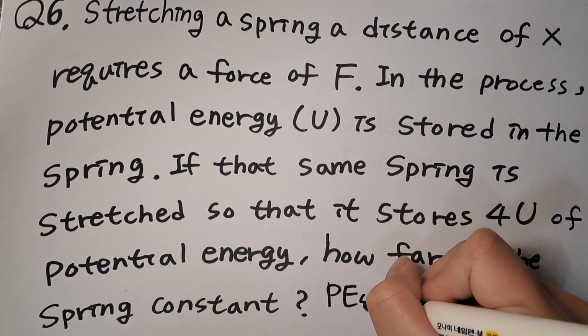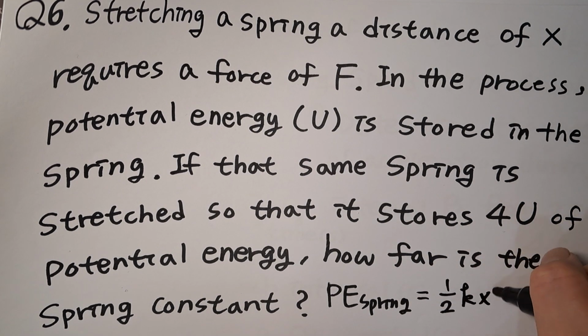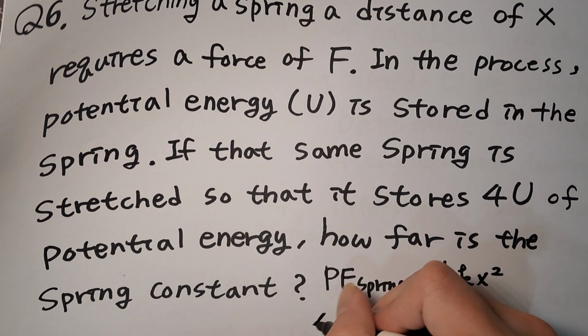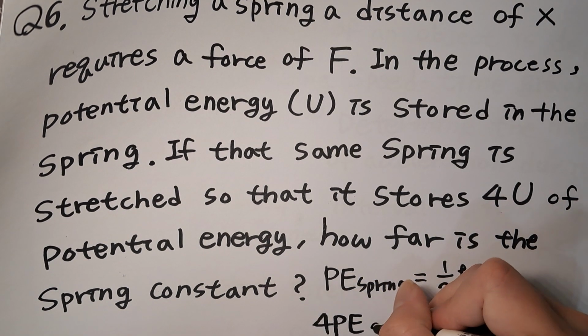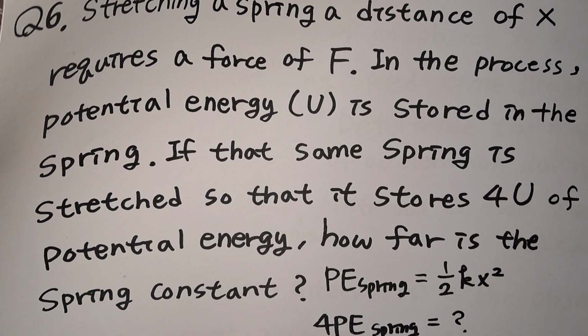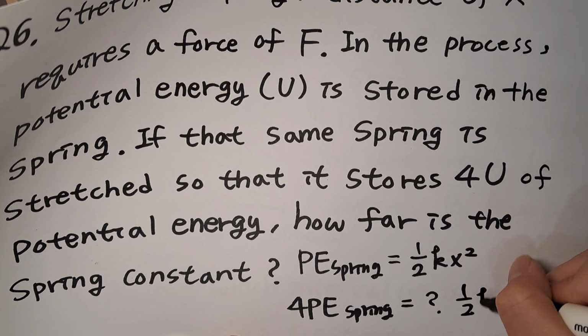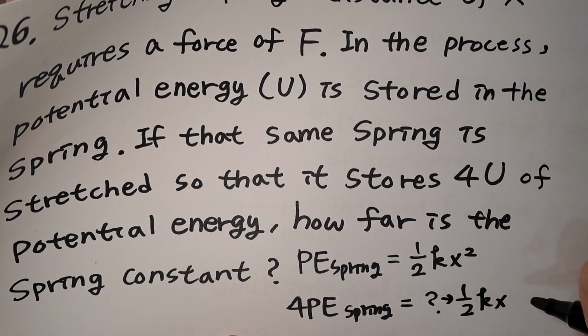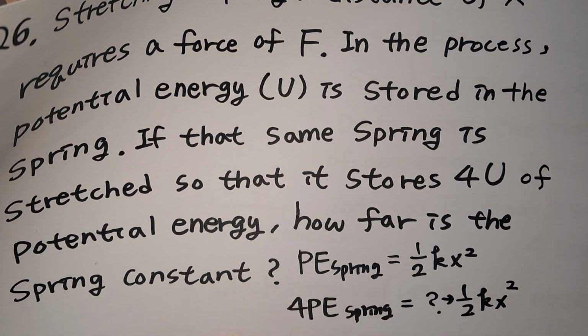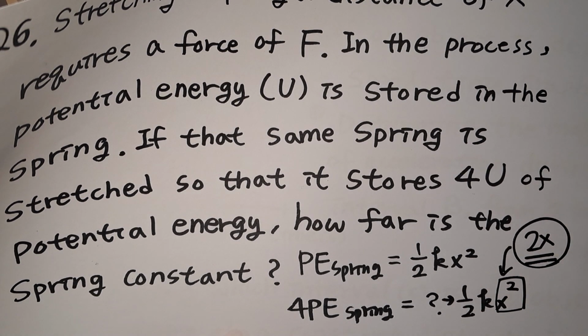The potential energy of a spring is this, so we can find the distance is going to be 2x. So 2x is going to be the answer.